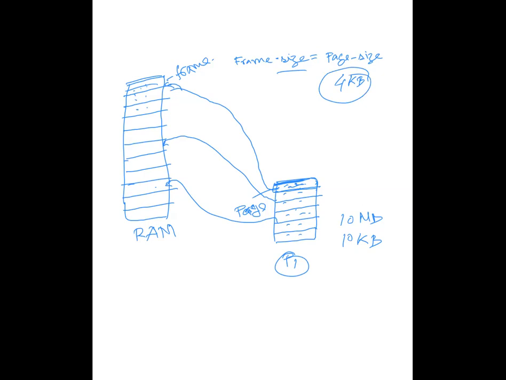Now let's see how your CPU executes a process by using the paging technique. These are things we need to learn. Before I jump into the execution technique, let me give you one example.